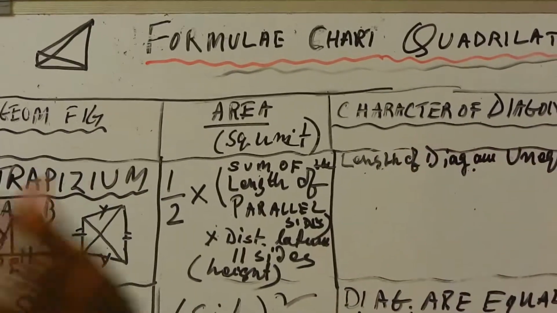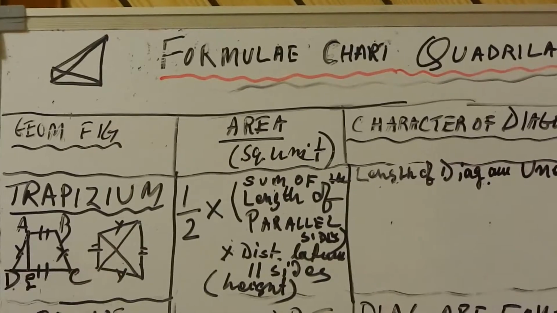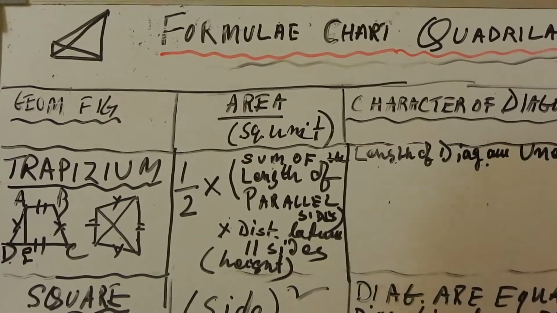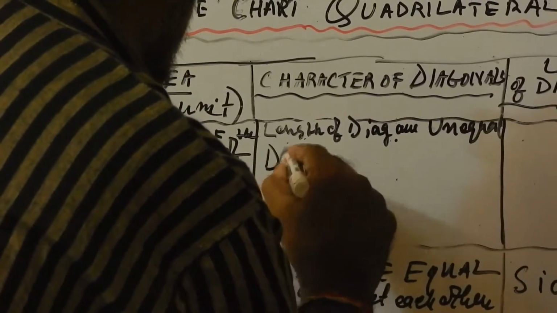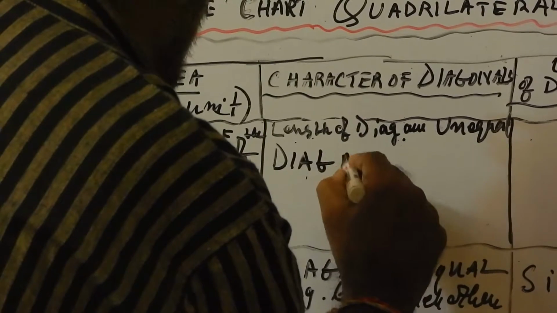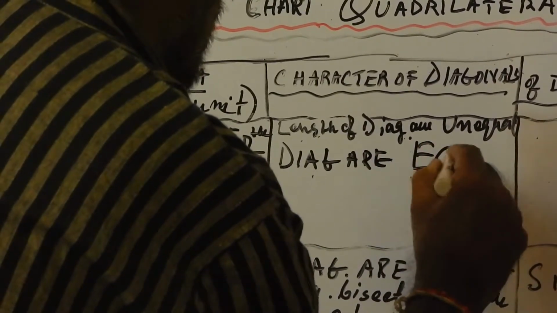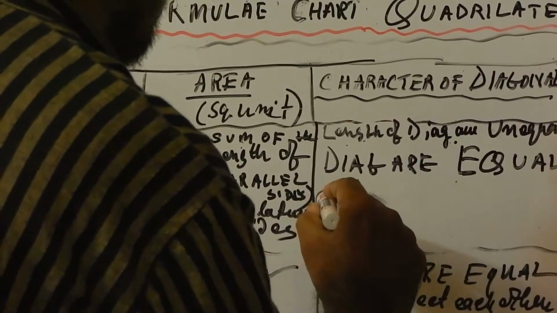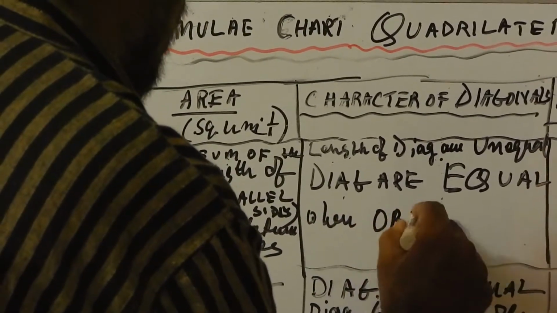So what I told you just a minute ago, that in all these four figures the opposite sides were equal, the diagonals are equal only when the oblique sides are equal.